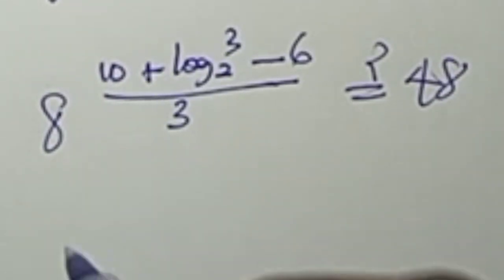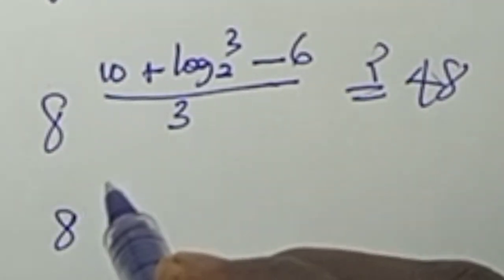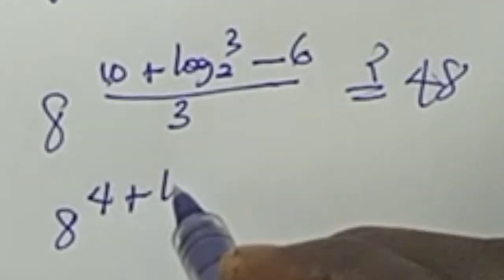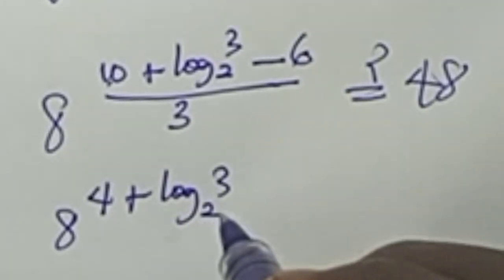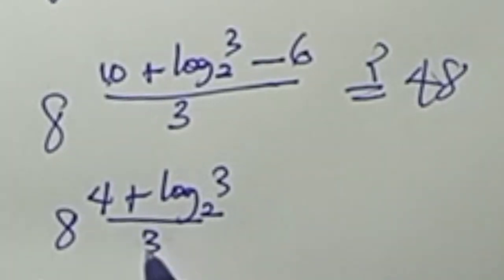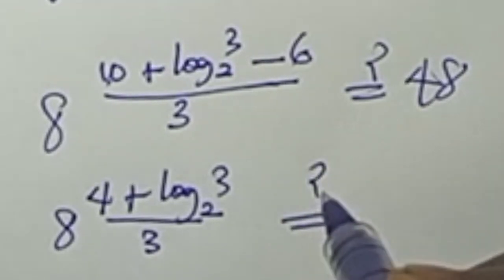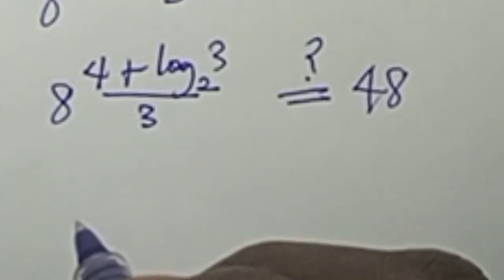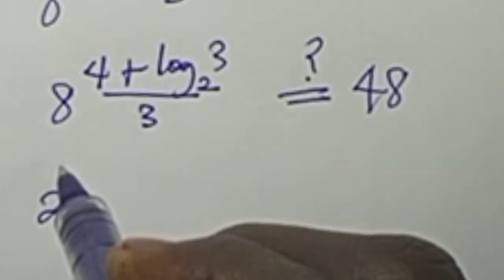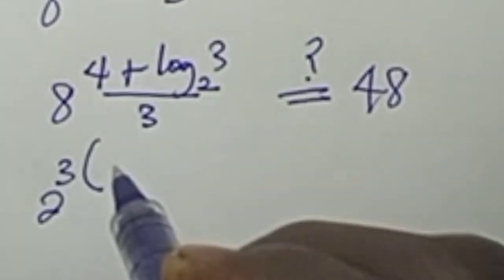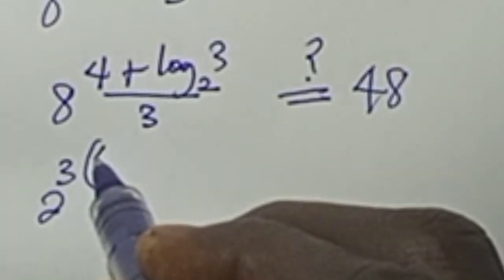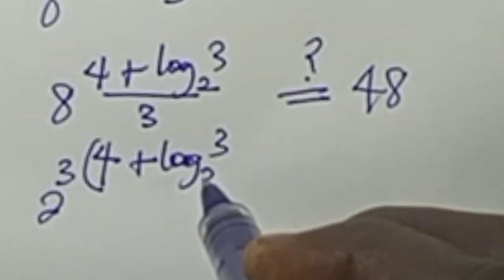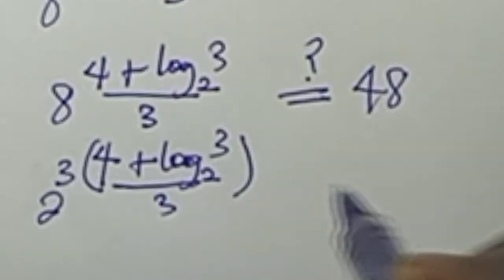So 8 is raised to the power of 10 minus 6, that is 4, plus log 3 base 2, all over 3. Can this be equal to 48? But 8 can be written as 2 to the power of 3, so we have 2 to the power of 3 times 4 plus log 3 base 2 over 3.